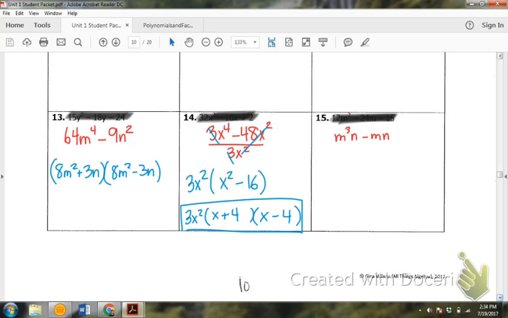What is mn divided by mn? Be careful. Be careful when you divide out mn. mn divided by mn is not 0, right? It's 1.